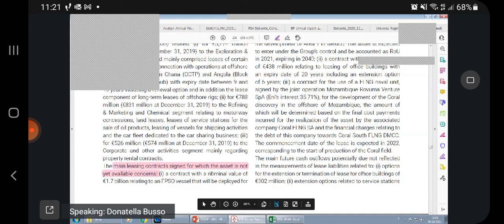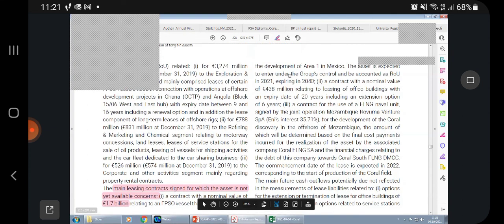And as you can see, look at the nominal amount of this asset. 1.7 billion that is expected to be deployed in Mexico, accounted as a right of use asset in 2021.